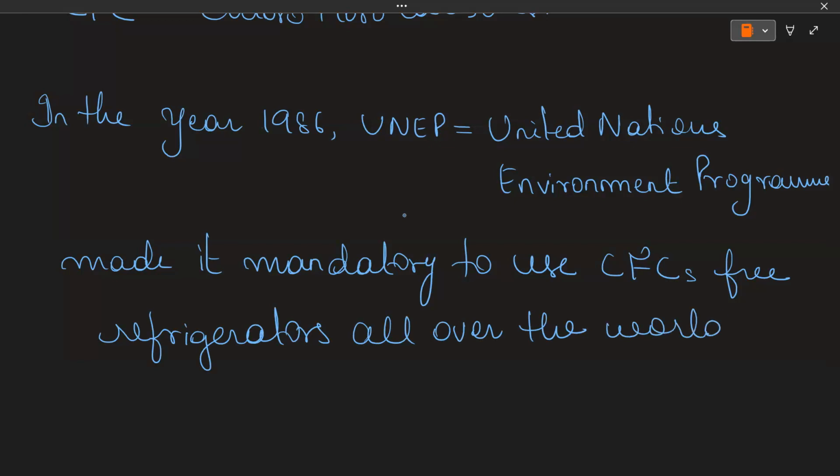So this is what the UNEP stands for and what it made all the nations, the whole world, do. Okay, is it clear?